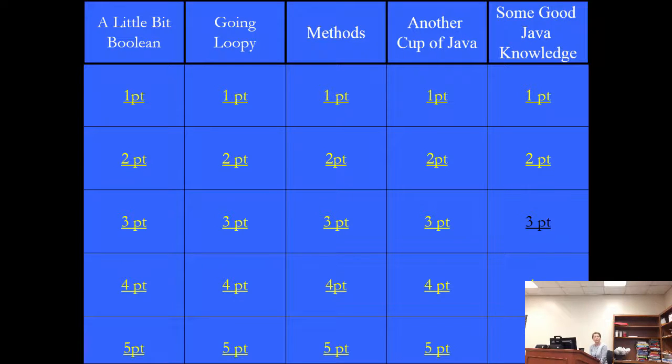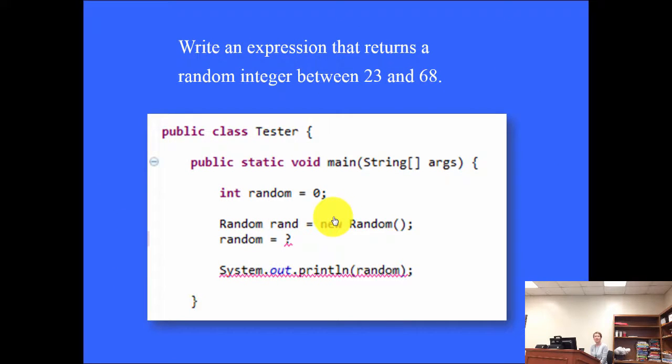Okay, write an expression that returns a random integer between 23 and 68. So this one you do have to come to the board. Oh, no. We've worked with random numbers. Remember, every game has randomness in it.